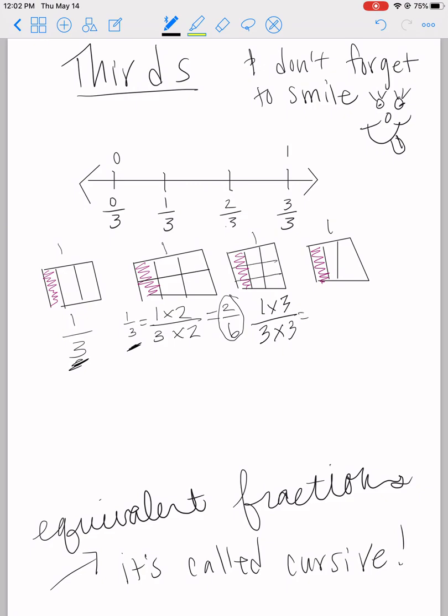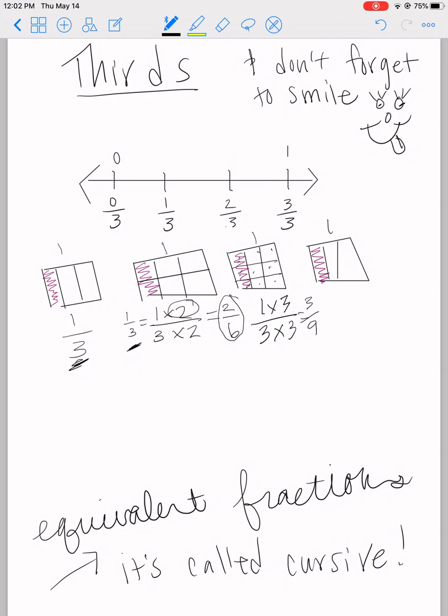And then 1 times 3 is 3. 3 times 3 is 9. So our box should represent our 3/9. 1, 2, 3, right? Out of how many parts of the denominator? 9. 1, 2, 3, 4, 5, 6, 7, 8, 9. Okay, moving on to the next one.